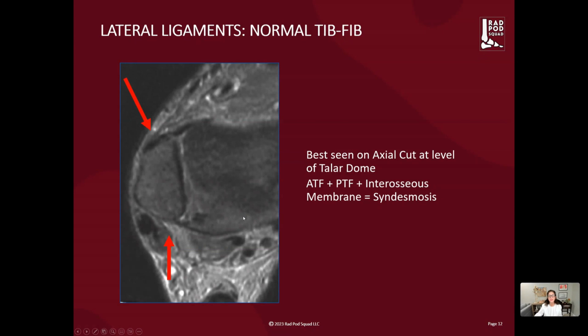Appreciating our lateral ligaments, an example here of the normal tibiofibular anterior syndesmosis seen here as a low signal band without water. There will be no elevated signal joining the distal tibia and fibula. We can appreciate a small portion of the posterior syndesmosis and, of course, our peroneus longus and brevis seen here with its muscle.